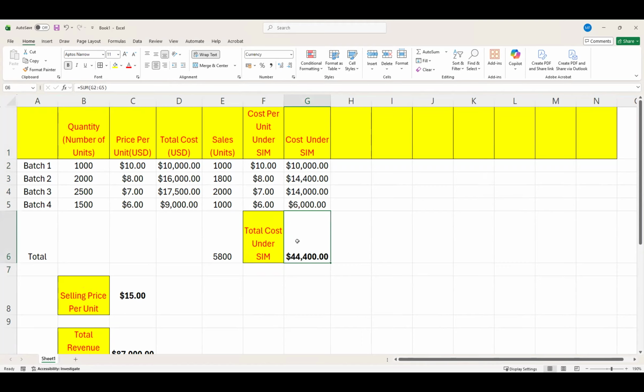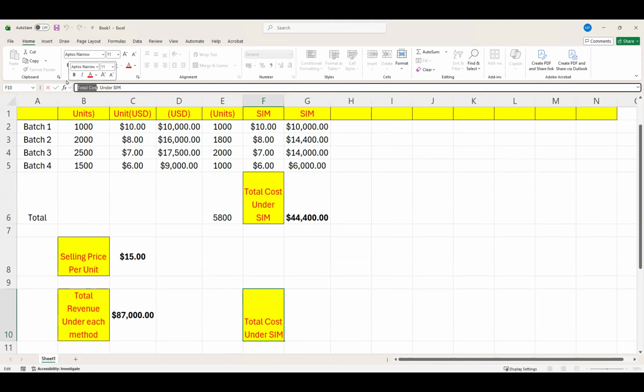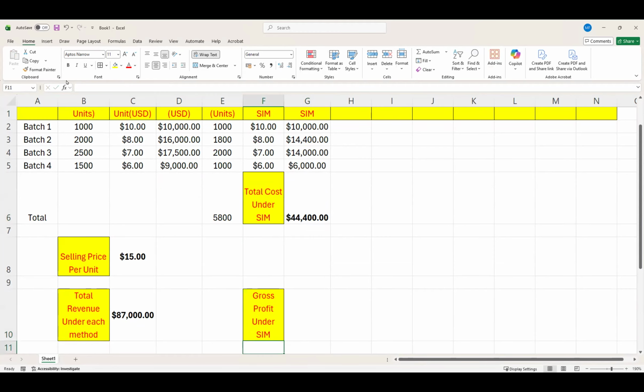Okay. So if I want to find out the gross profit under SIM, can you tell me which two cells will I subtract?